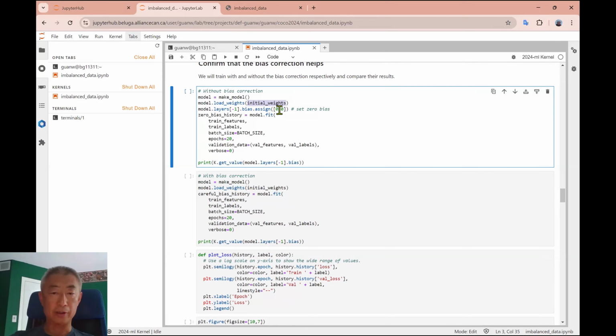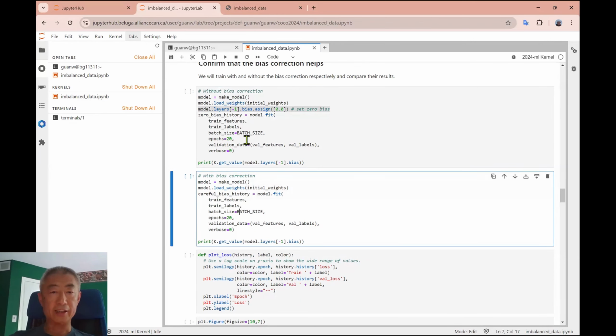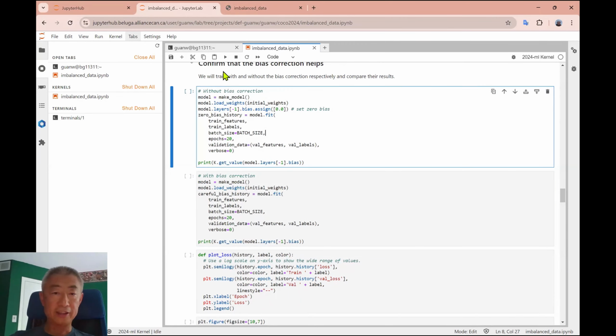So we give it back. The only difference is the first block has this line to set the bias to 0, and the second block doesn't have that line. So the second one uses the bias correction. Let's see the result.